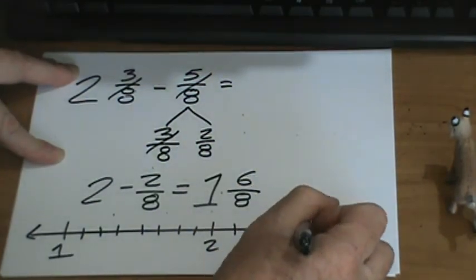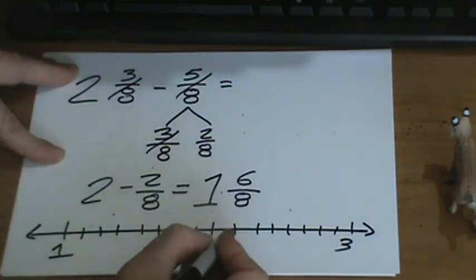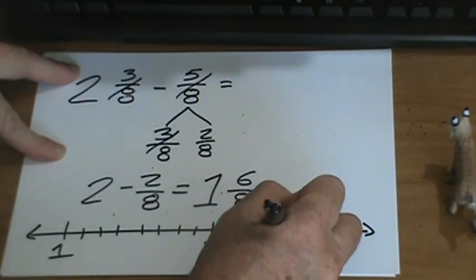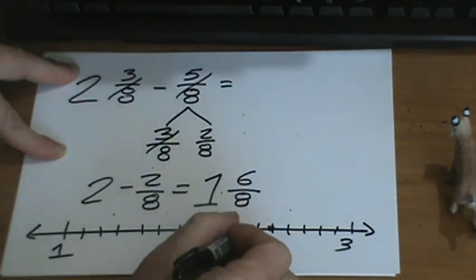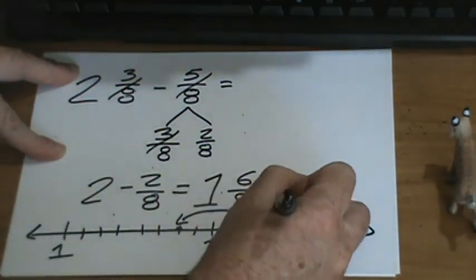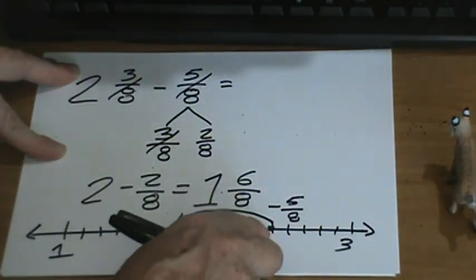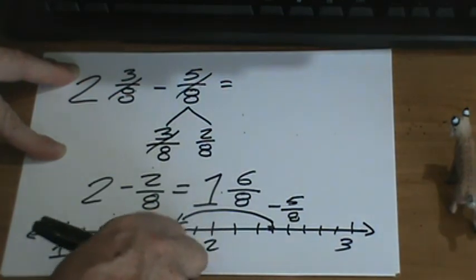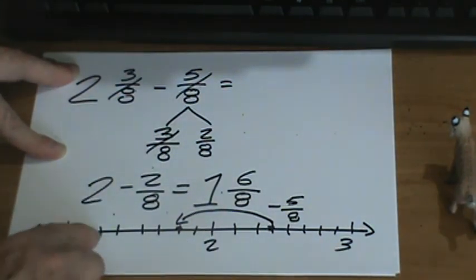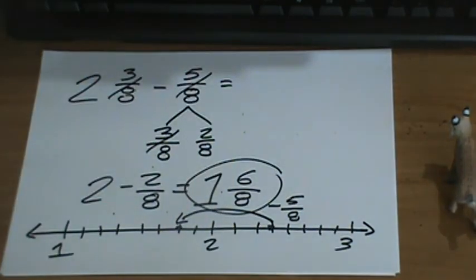I started out at 2 3/8. I subtracted 5/8, 1, 2, 3, 4, 5. Or when I did it like this, I subtracted 3/8, then 2/8. Where am I at? 1 and 6/8. 1 and 6/8 is indeed the answer.